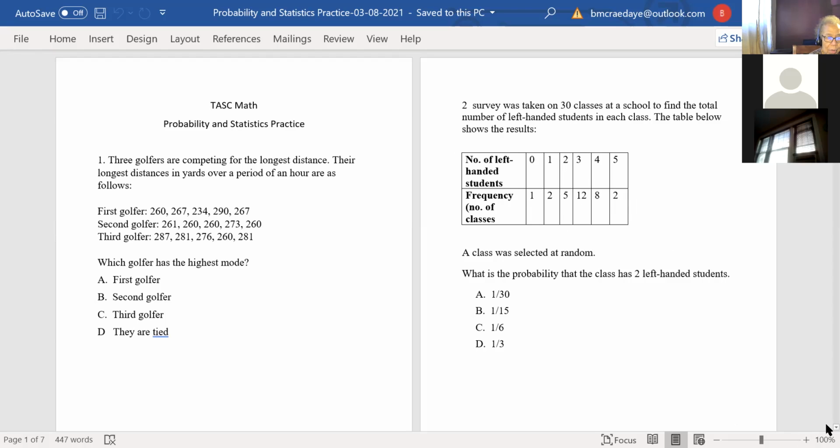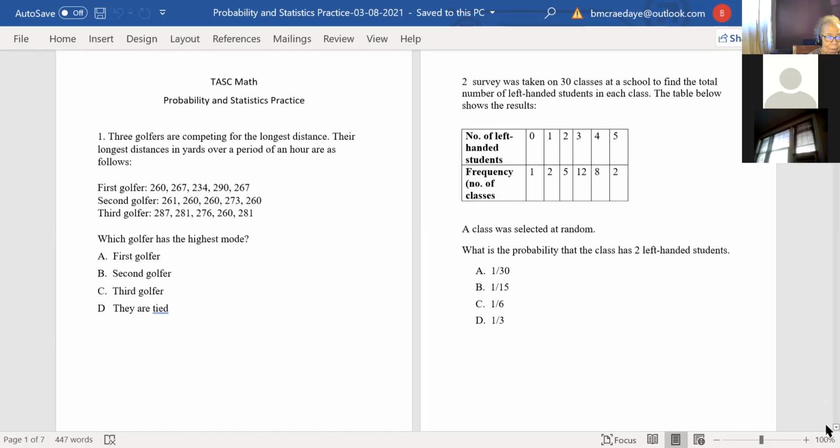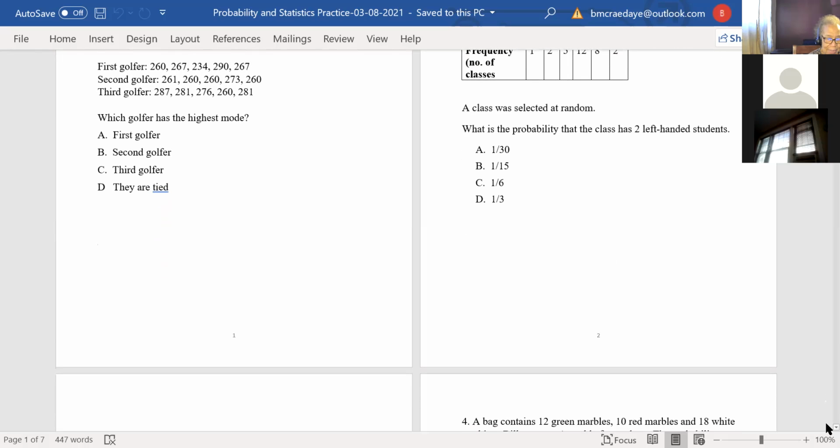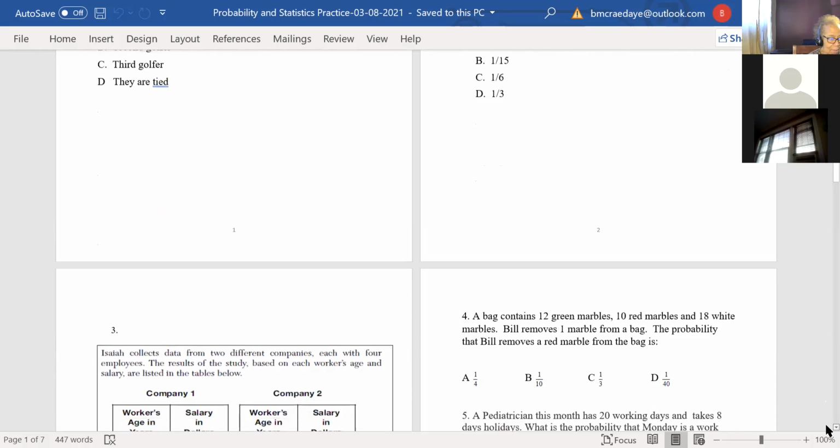So you'd have 5 divided by 30. Yeah, that's 30. It'd be 5 over 30 and then simplify it. That would be one of your answers. Got it? Yeah, 5 over 30 is 1/6. That's it. So you got your answers for that one.